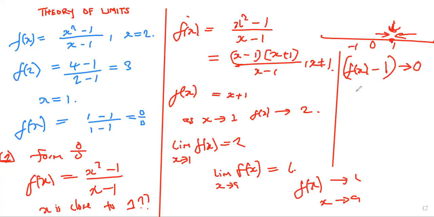Let's say the absolute value of f of x minus L is less than epsilon. When we say less than epsilon, it means that epsilon is a very, very small number, a number that is actually close to 0. So it means that f of x minus L is less than epsilon whenever x minus a is less than delta.